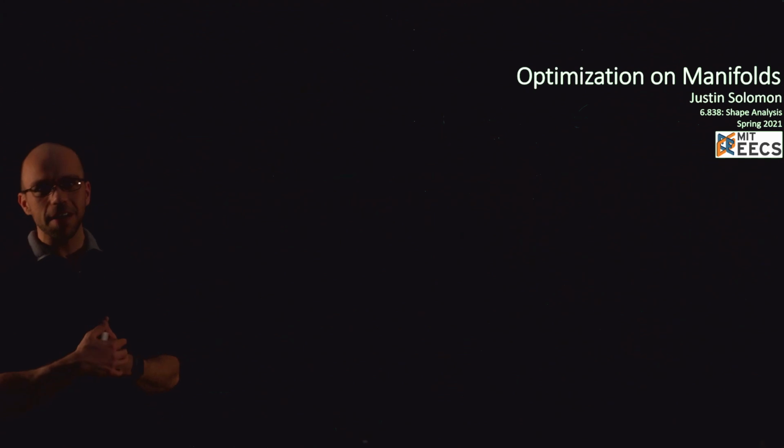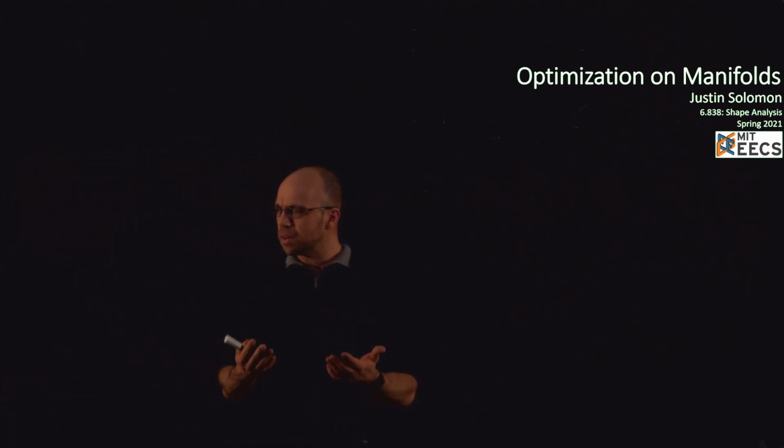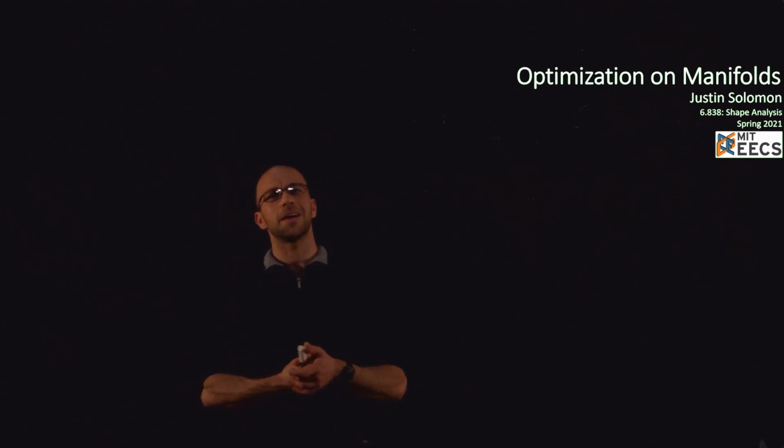So in any event, we're getting toward the end of 6.838, and my mission right now is just to give you a big grab bag of really interesting new frontiers in applied geometry. One of them, which really involves applied Riemannian geometry, involves optimization on interesting curved spaces or manifolds.